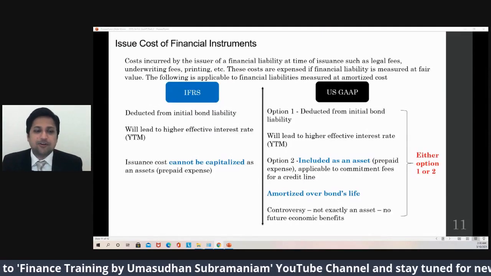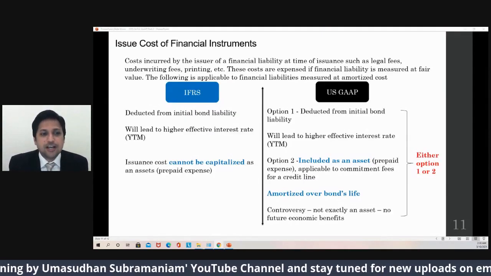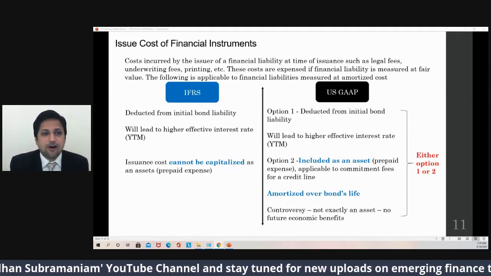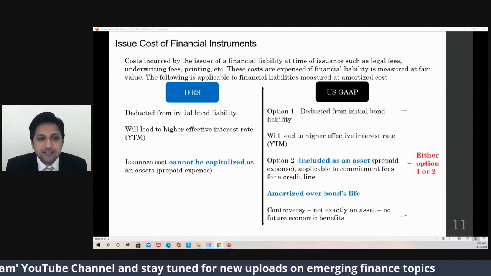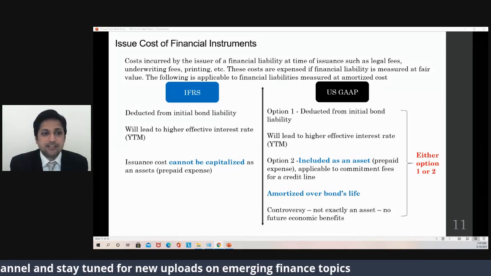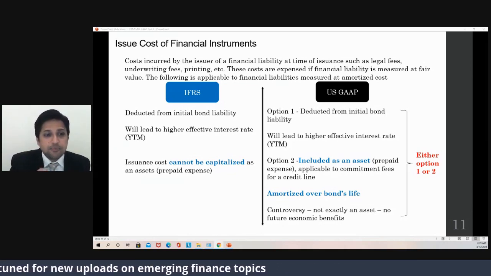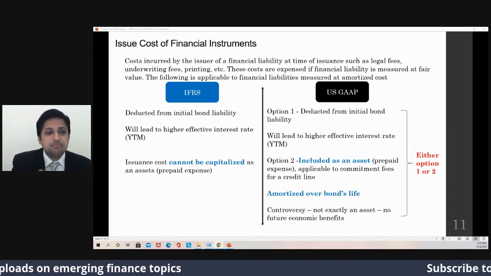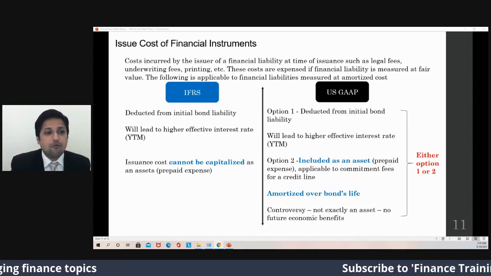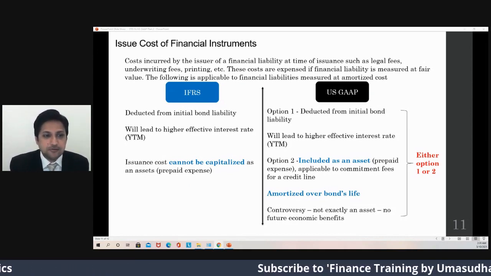In this slide, we are going to talk about how to account for issue costs relating to financial instruments, both in IFRS and US GAAP. Before proceeding further, it is important to understand what constitutes issue cost.